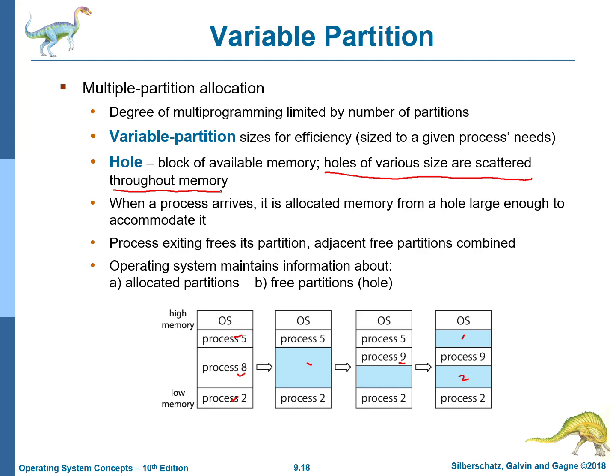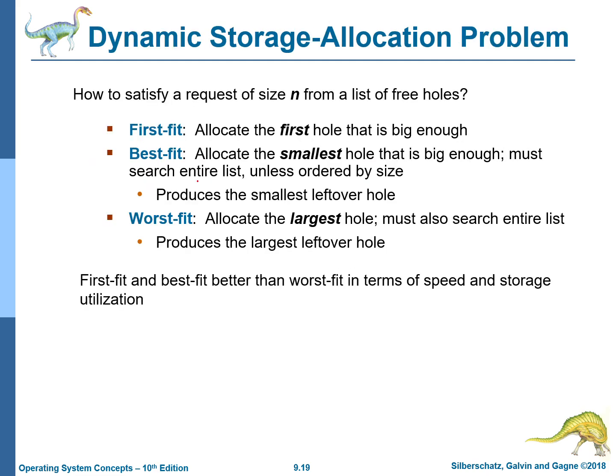So these are some contiguous memory allocations. Now to overcome this issue up to some extent, we have some algorithms which we call first fit, best fit, and worst fit. These are actually approaches.